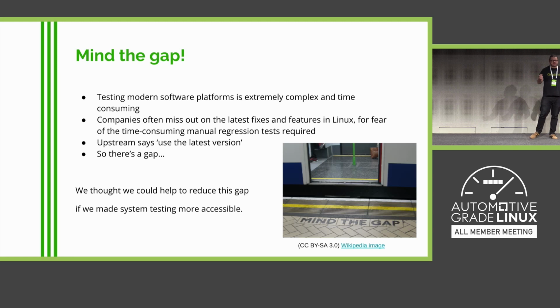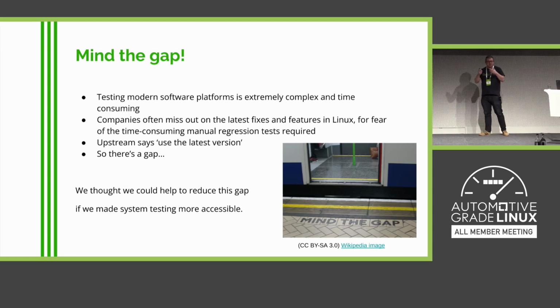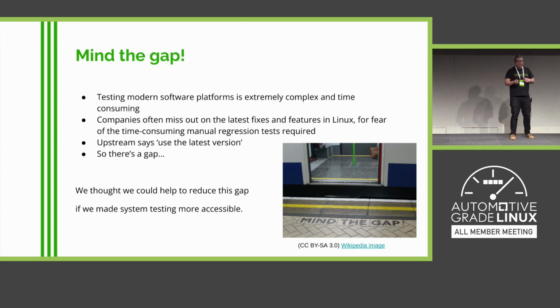So we thought that if we could introduce some system testing in open source and make it accessible, we could help to close this gap, right? And system testing is so important in particular because you're not just testing the UI in isolation, you're not just testing that the kernel builds, but you're testing the entire integration in between, or the graphical stack and everything else.